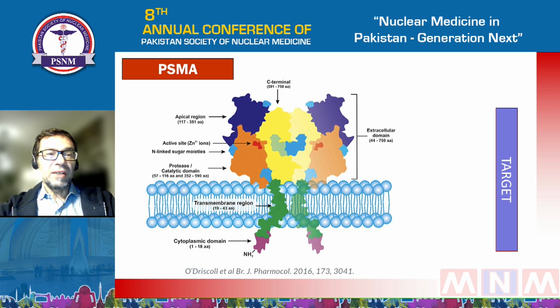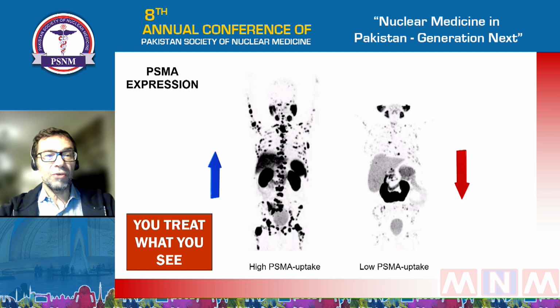And then comes our target, which is PSMA, which is overexpressed in prostate cancer. It's very important to have a very specific target which is clearly overexpressed in the majority of prostate cancers. So what we want to do is treat patients like the gentleman on the left, who have an increased expression of the target.